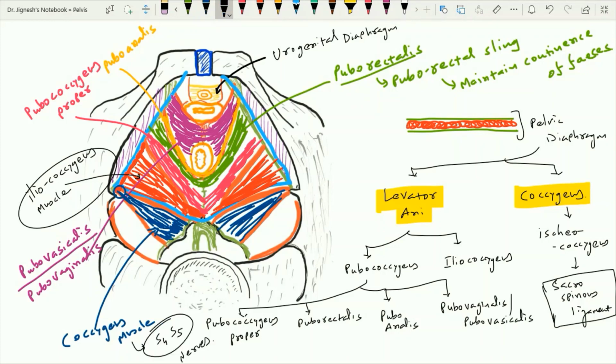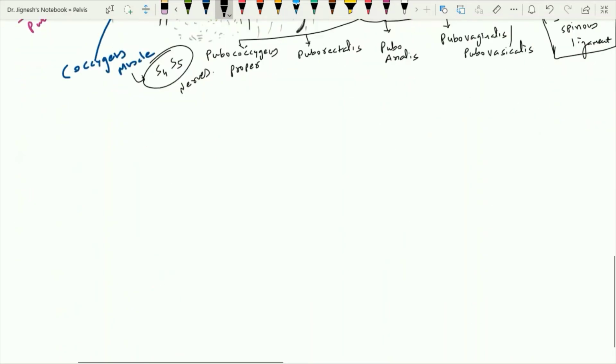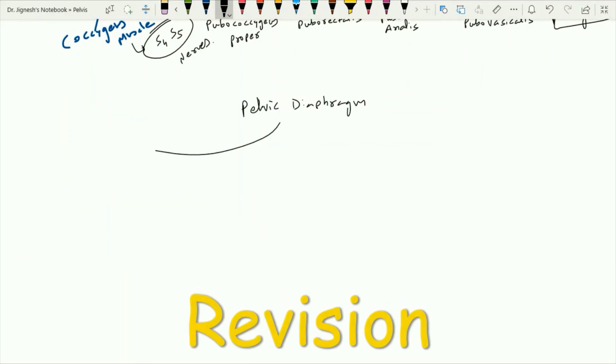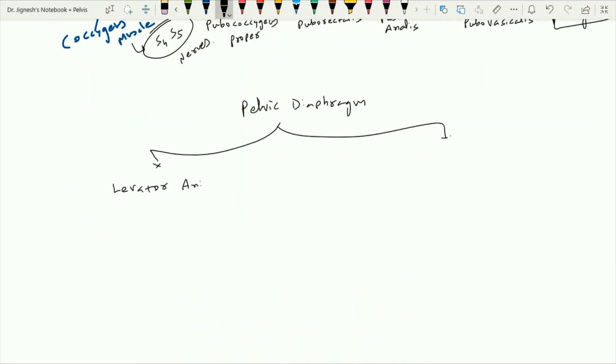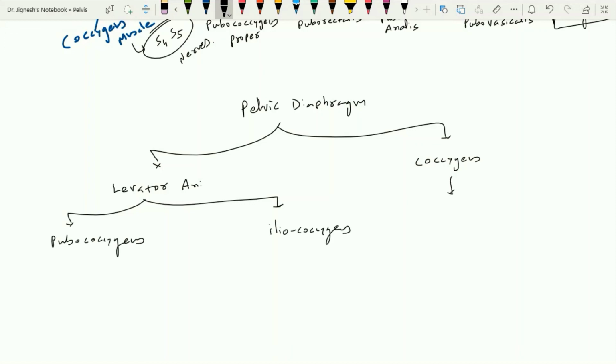So now let's revise from the orientation point of view. The pelvic diaphragm is formed by two muscles, levator ani and coccygeus muscle. The levator ani muscle has two major parts: the pubococcygeus and the iliococcygeus. The coccygeus muscle itself is called the ischio-coccygeus.